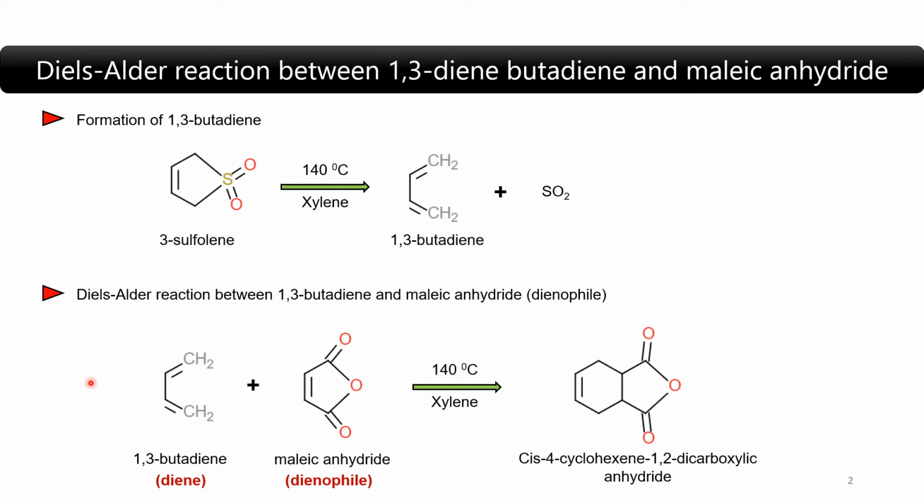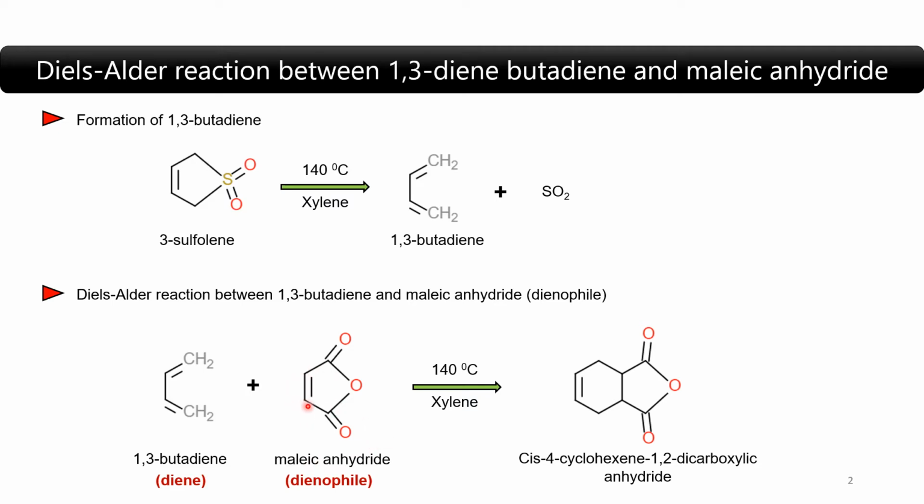As an example of a Diels-Alder reaction, we are following the chemical reaction between 1,3-butadiene, a diene with two alkene groups, and a dienophile, maleic anhydride.